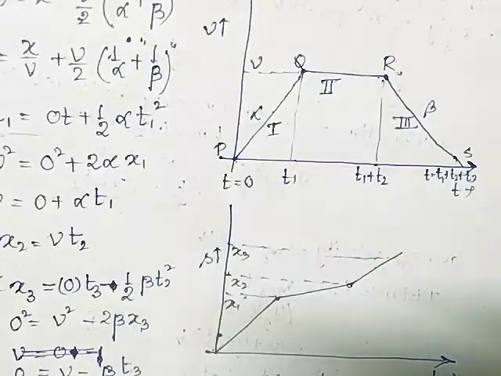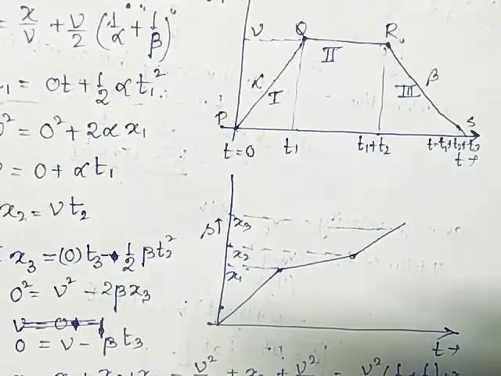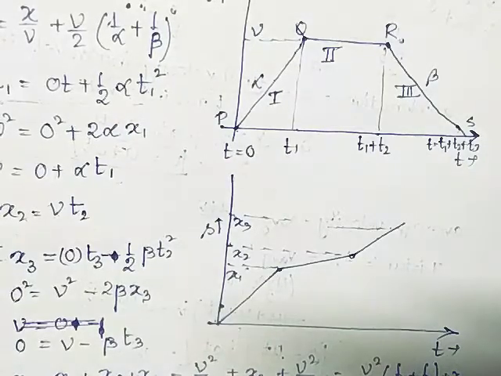One thing I want to clarify from the graphs: the velocity versus time graph is also the speed versus time graph, because the speed and the velocity are in the same direction, no direction is changed, so the magnitude of speed and velocity is the same. In the case of the displacement versus time graph, it also remains the same. If I represent the distance versus time graph, no change in nature is there, because the particle is moving along a particular line, along a certain direction.